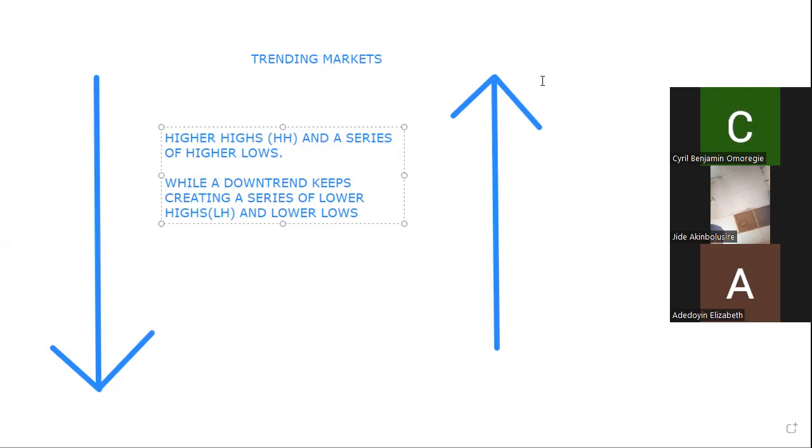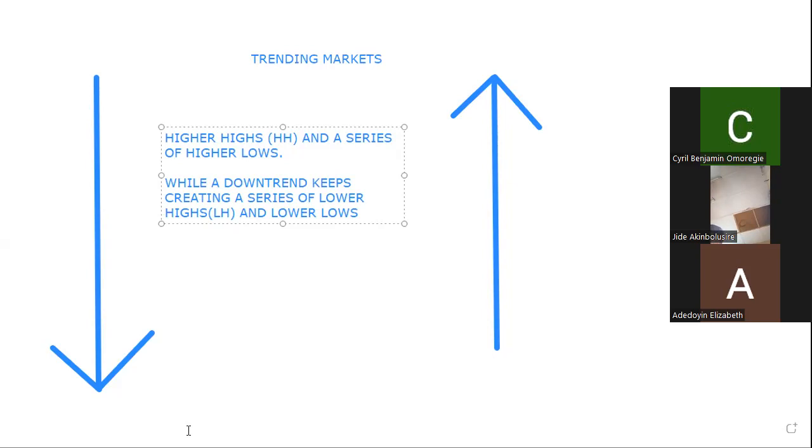So let me explain what we've written so far. One of the things about a trending market is that it's not complicated. When you look at the chart, you'll be able to tell whether the market is heading up or heading down. Now, one of the ways it's heading up is that it keeps creating what we call higher highs. That is, the market is going higher than where it stopped before.